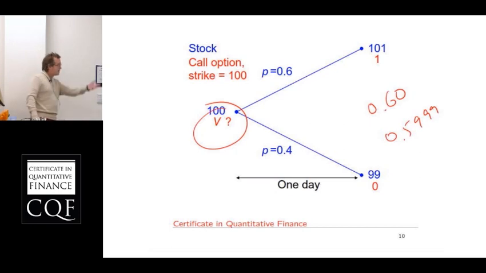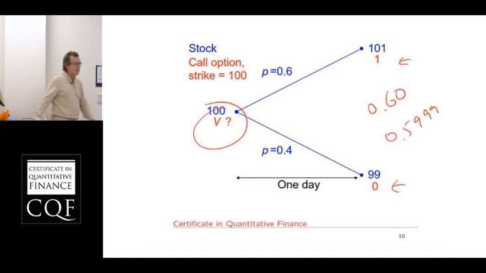This may be where your 0.59 comes in. But generally speaking, if you're going to invest in something that is risky, and this is risky, right? This option could be 1, or you could lose everything. If it's risky, you want to be compensated for taking risk, right? There's a thing called modern portfolio theory that's a part of the CQF. So generally speaking, you'd say, well, if I'm buying the thing, I'd pay less than 0.6.